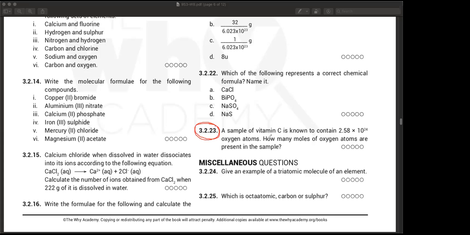Looks to be correct, Raghav, approximately. Yes, Jaden, 3.2.23. Do it quickly, it's already 4:07.